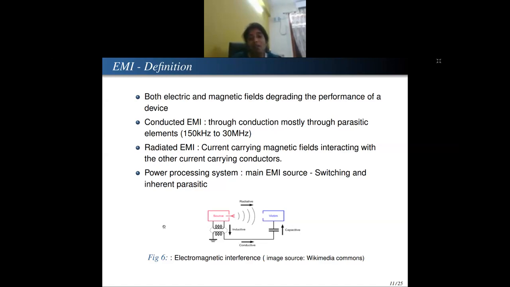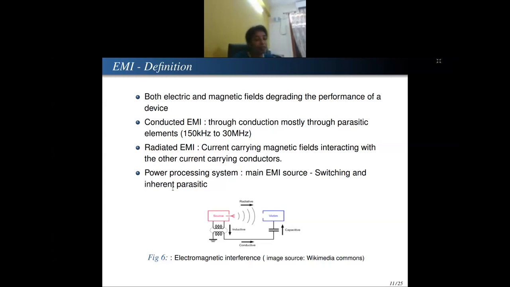So in general, for a power processing system, the main EMI sources are switching and the inherent parasitics which exist in the system. In power processing systems, conducted EMI has been more widely researched until now.